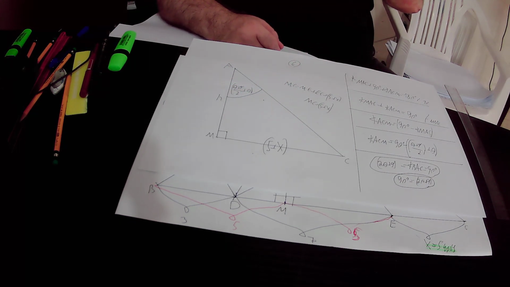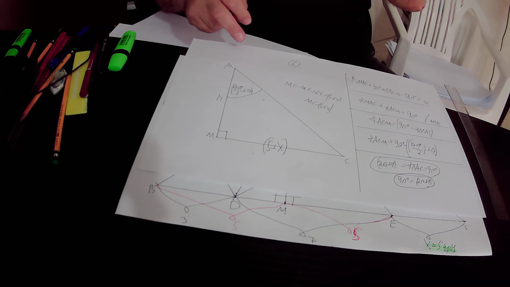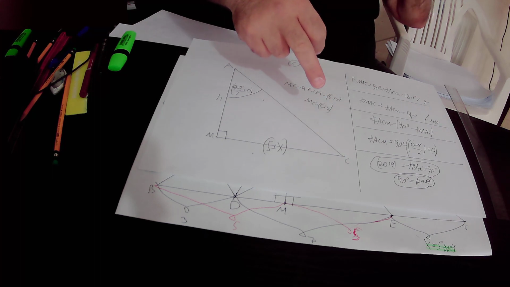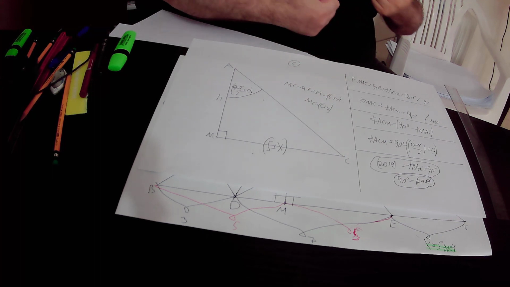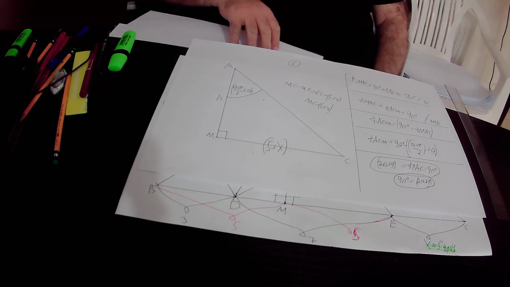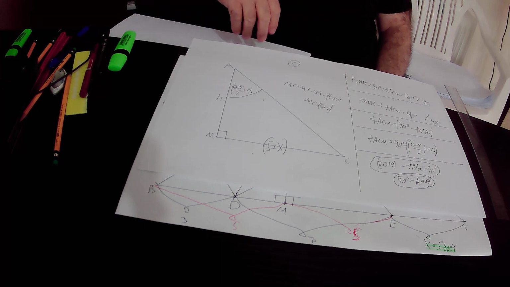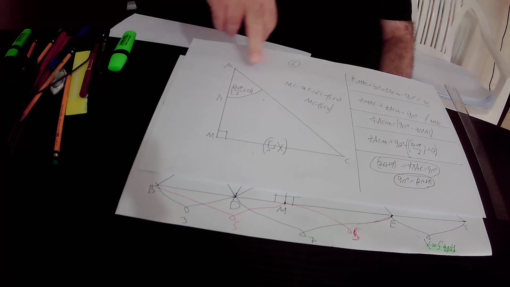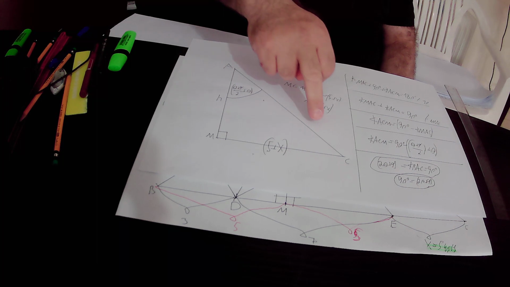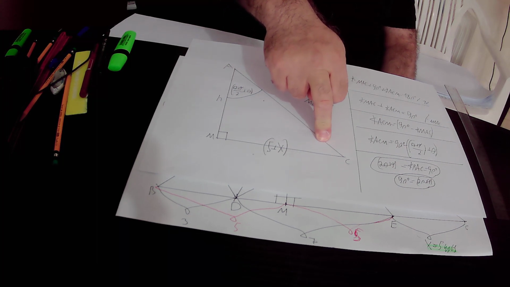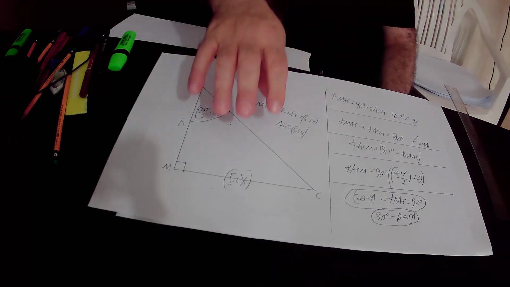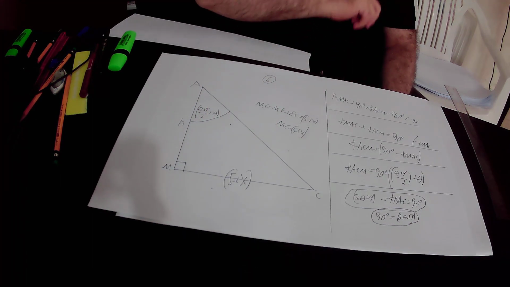So in this right triangle AMC, the only missing angle is angle ACM. ACM is the angle that we are looking for. And we will find the value of angle ACM according to the rule that the sum of the angles in any triangle is equal to 180 degrees. That is to say, angle MAC plus 90 degrees plus the angle that we are looking for, angle ACM, in total the sum of those three angles must be equal to 180 degrees.